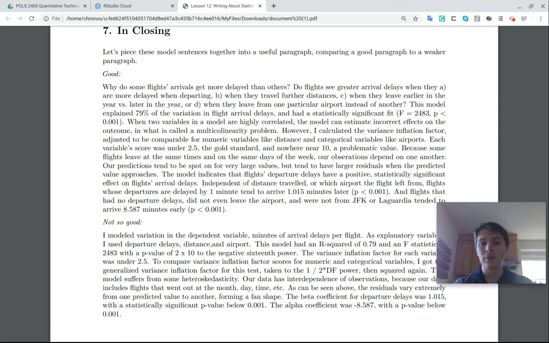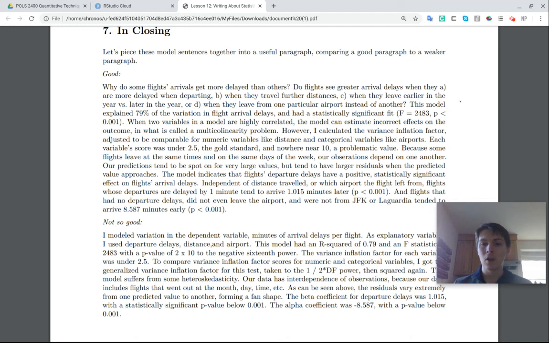Independent of distance traveled, or which airport the flight left from, flights whose departures are delayed by 1 minute tend to arrive 1.015 minutes later. And flights that had no departure delays, did not even leave the airport, and were not from JFK or LaGuardia, they tended to arrive 8.57 minutes early.